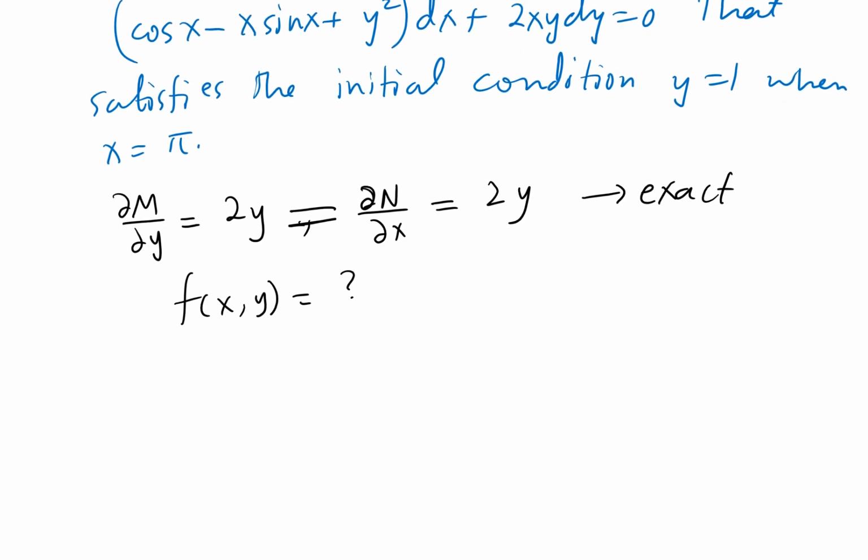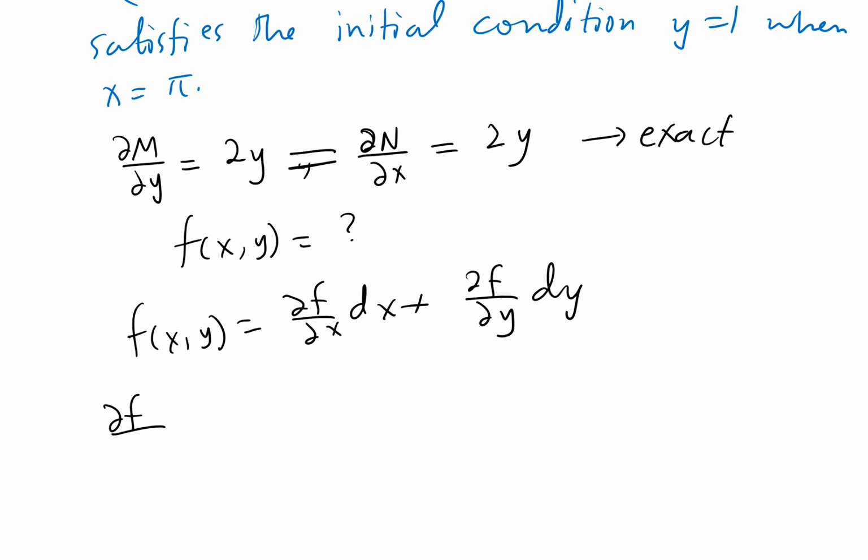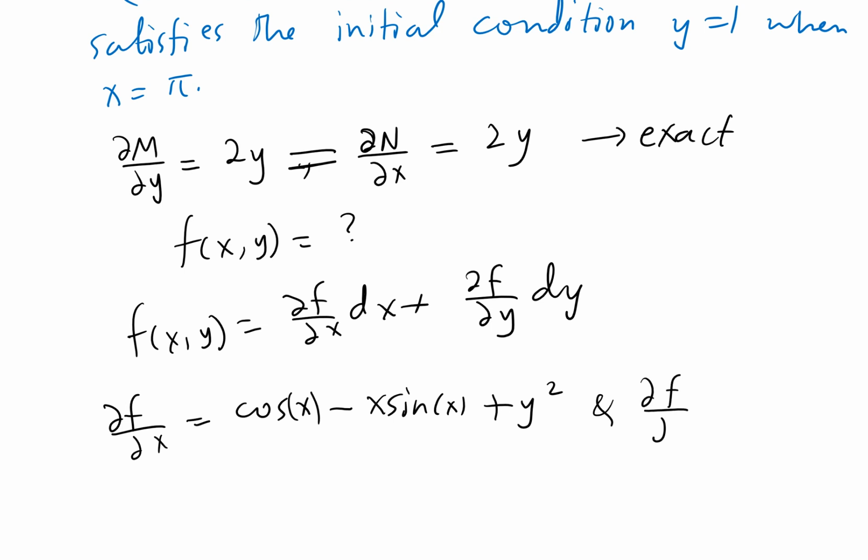What's the function? So remember, the differential of f is partial f partial x dx plus partial f partial y dy. So here partial f partial x is the M, which is cosine x minus x sine x plus y squared. And partial f partial y is N, which is 2xy.